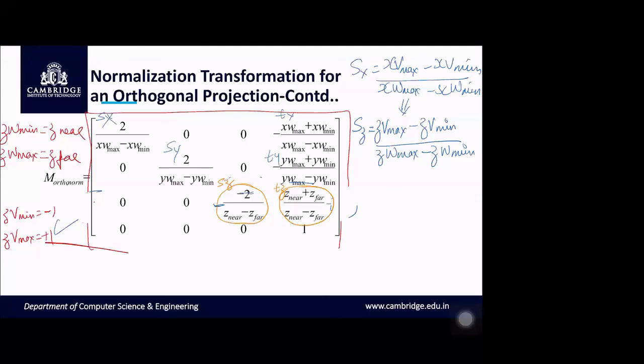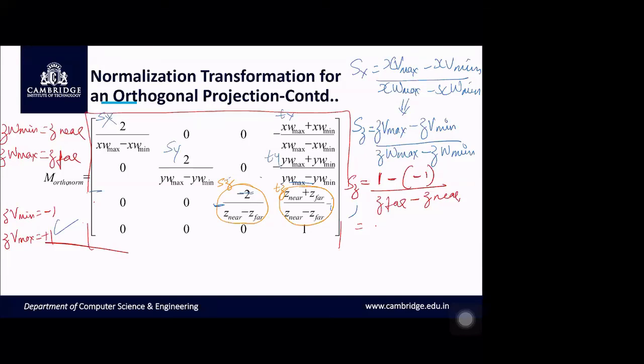So now I will replace this. Sz is equal to ZV max, which is +1, minus ZV min, which is -1, divided by ZW max, which is nothing but Z far, minus ZW min, which is Z near. So they've just worked with the minus value. Fine.